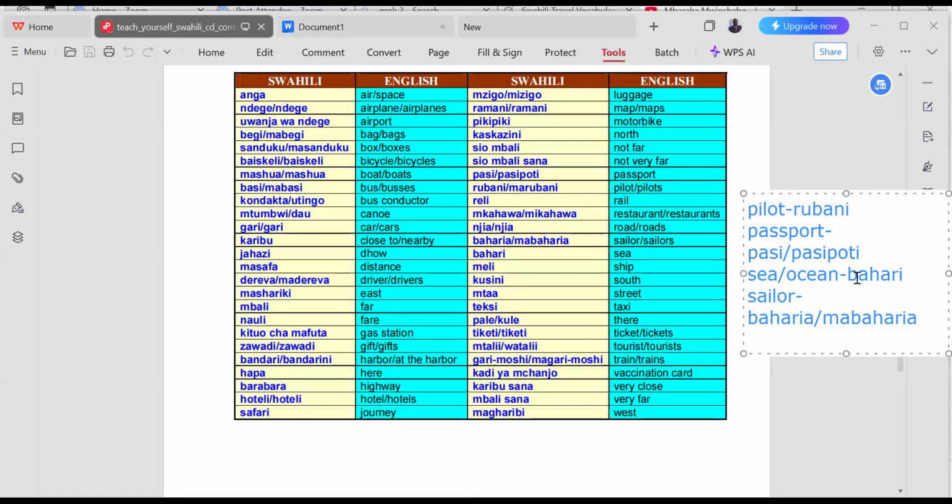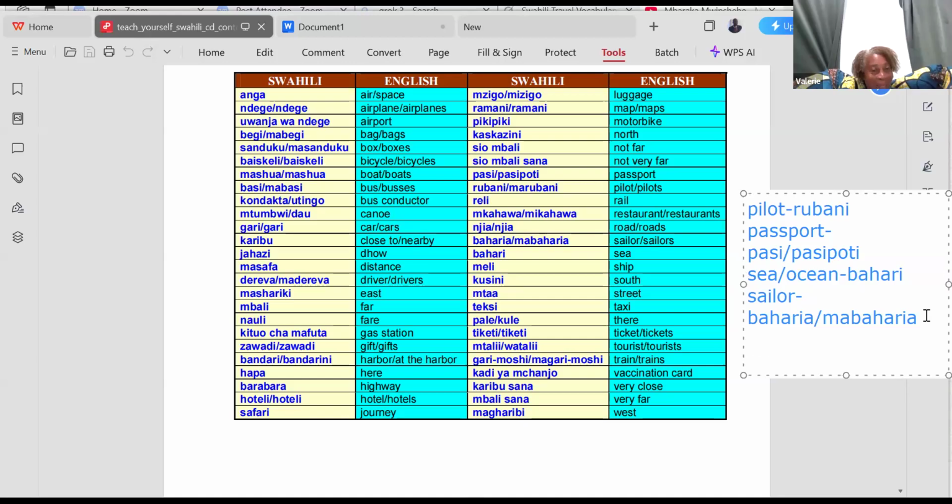Here in your Swahili-English, under the word gari, which means car, I see karibu, but is that a different karibu? Because the definition is close, nearby. I'm getting confused. I thought karibu, when you say karibu sana, means welcome very much. Karibu tena, welcome again. Oh, I get you.